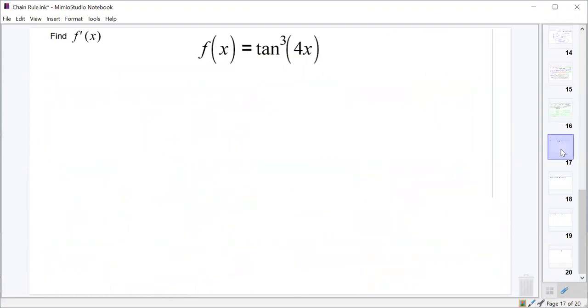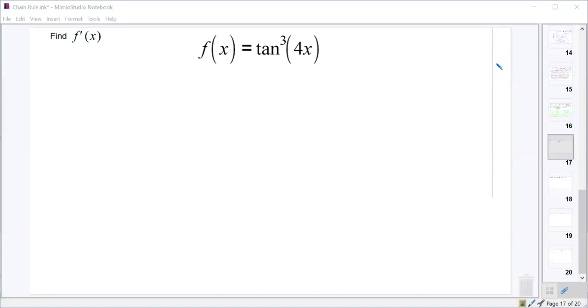All right, let's do this one. So what are we going to do with this one? Chain rule. We're going to use the chain rule.